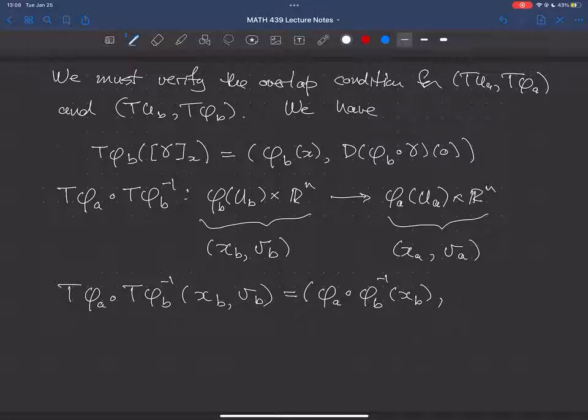Okay. And then what am I going to get for V_B? Well, what I want to do is write V_A in terms of V_B. And what's that going to be? So that's just going to be D of phi A composed with phi B inverse at X_B.